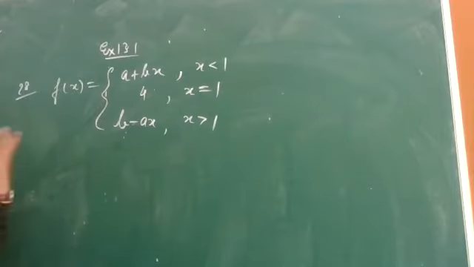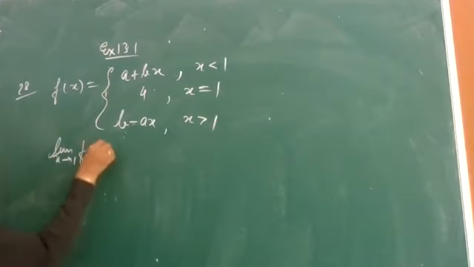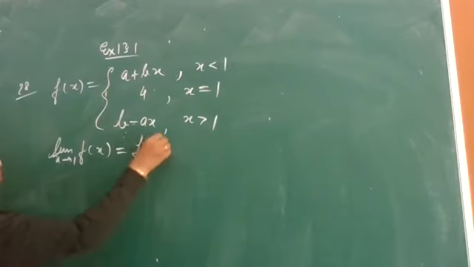Okay, for less than 1 it is some different function, for equal to 1 some other function, for greater than 1 another function. See? Now one more thing is given, that limit x tends to 1 of f(x) is equal to f of 1, right?